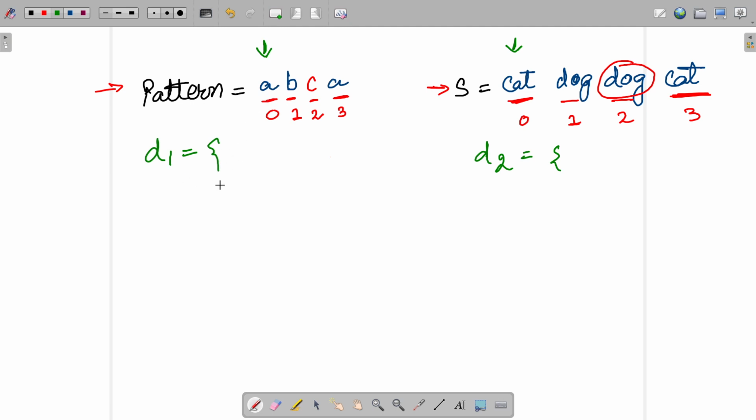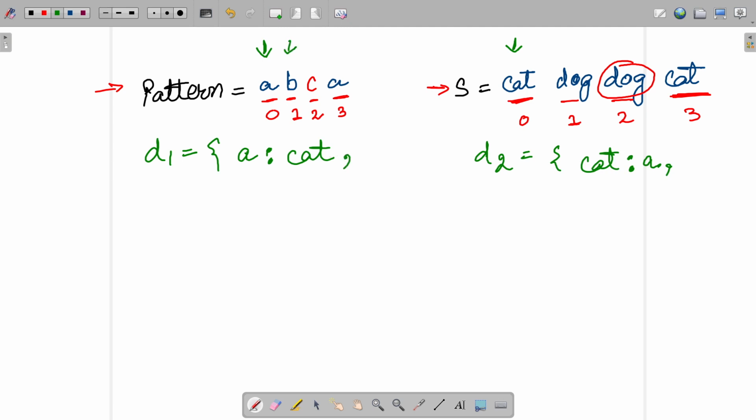No, it is not present. So we map A to cat, and since this cat is not present in D2, we say this cat is equivalent to A.